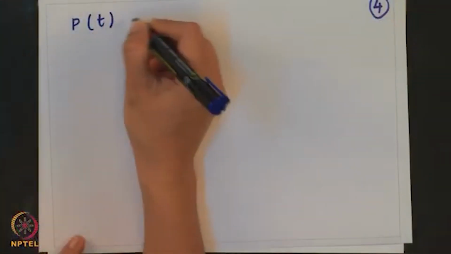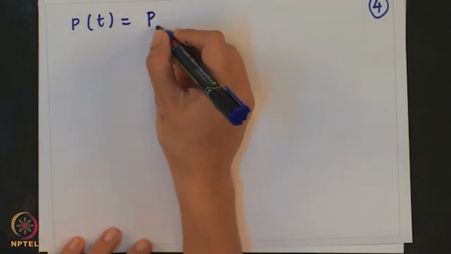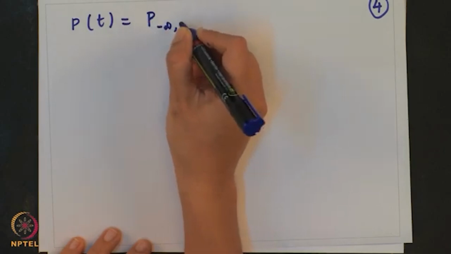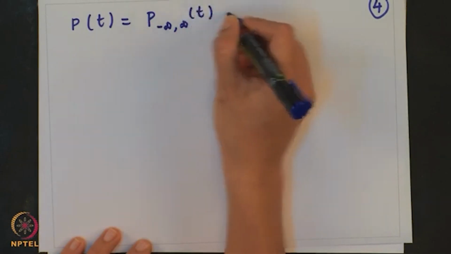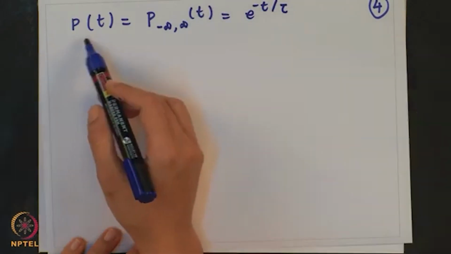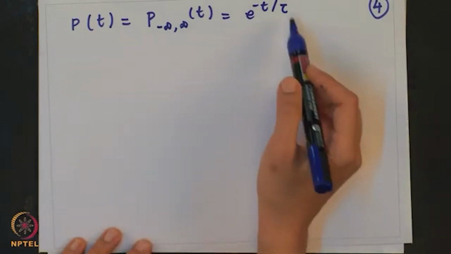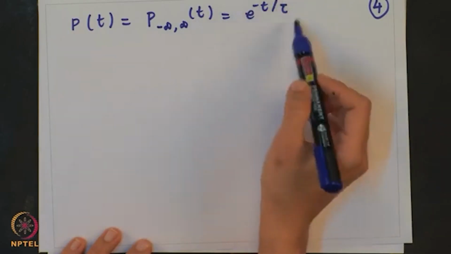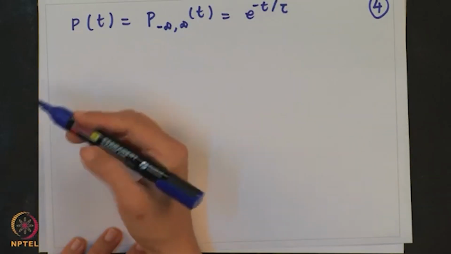Let me write what is given to us. It is given that P of t, with a and b replaced by minus infinity and plus infinity, the final expression we obtain in terms of P of t will be of some form which we have to compare with this expression.